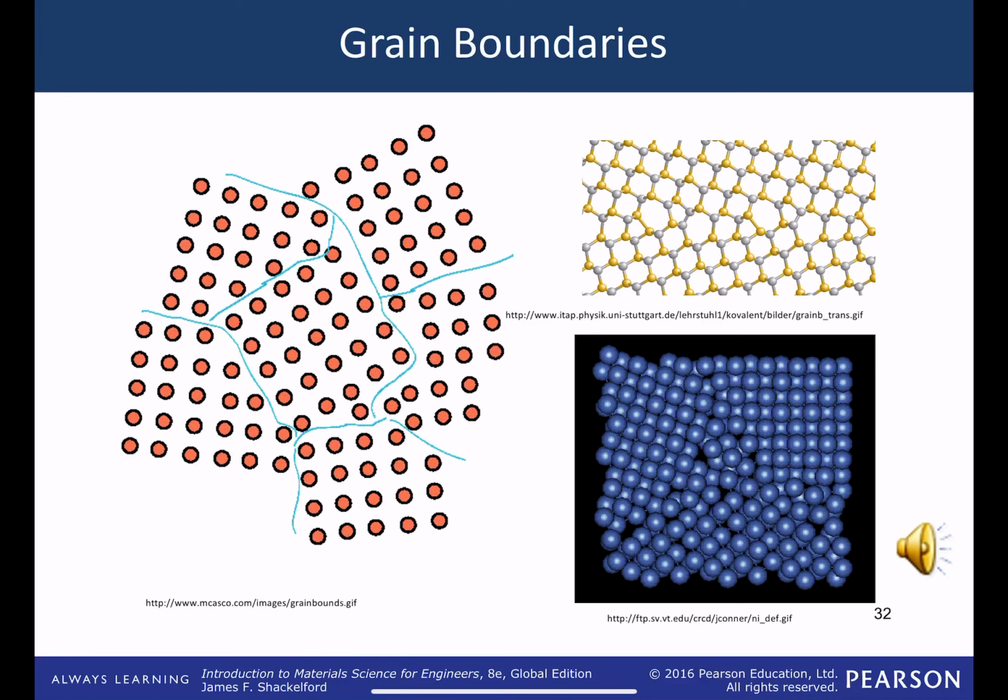So in our diagram at left, we have isolated crystallites, which are, of course, represented nicely by our unit cells and all the calculations that we've done there. And you can see at some point there exists a boundary between that crystallite and the neighboring one.